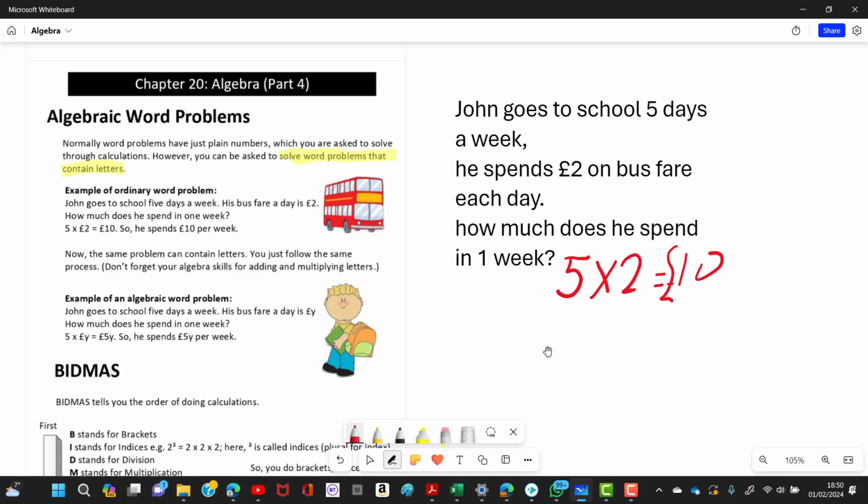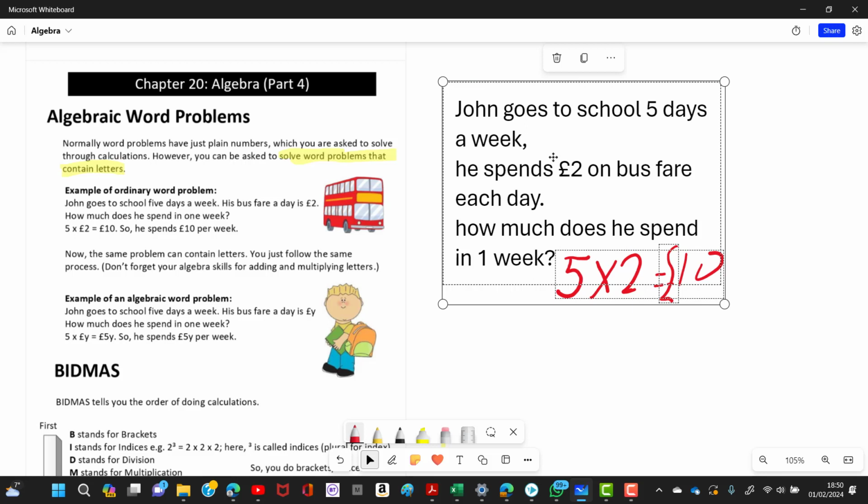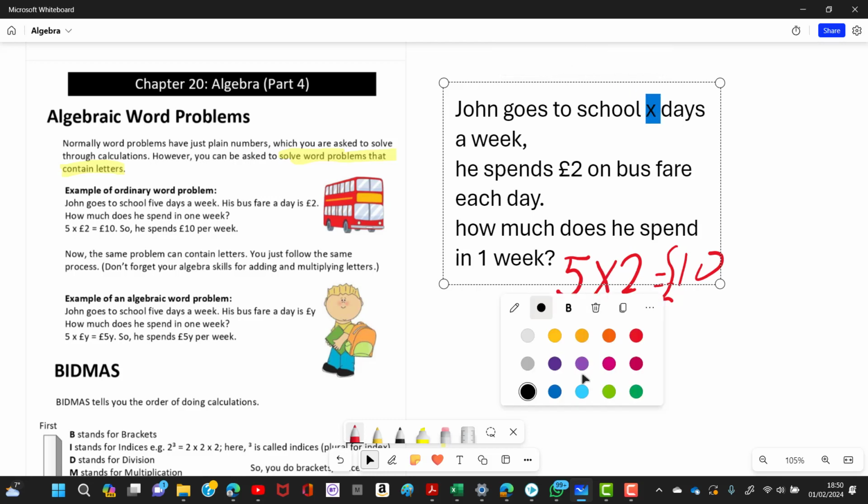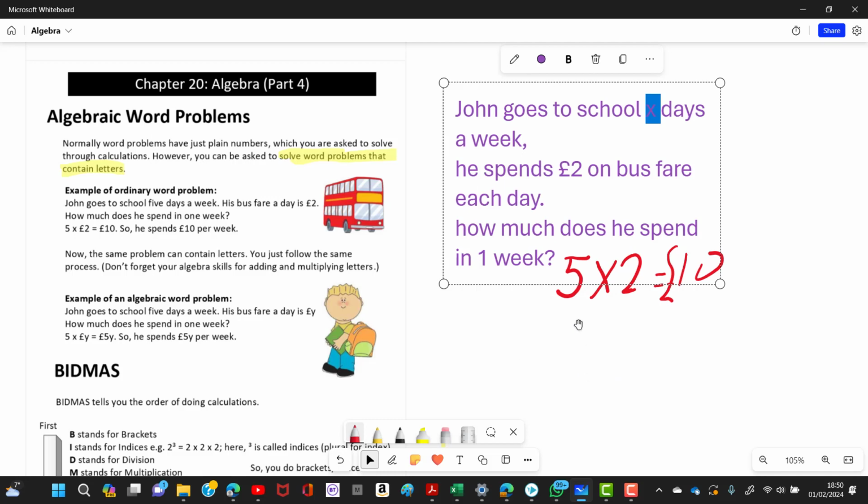Now this time, we're going to do the same thing, but replace the 5 with x.